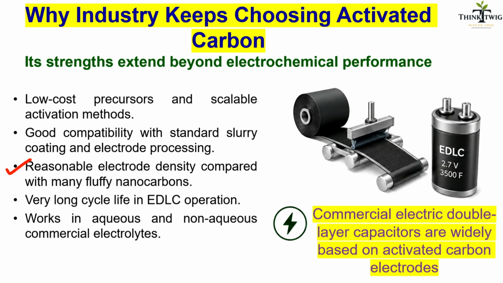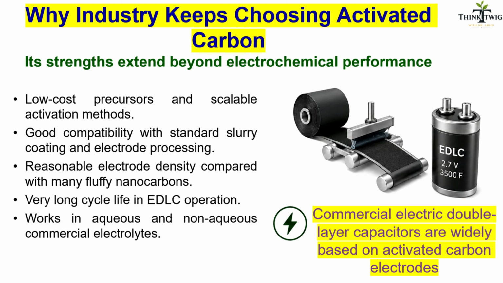Some highly structured carbon materials can form very light or fluffy powders that can become a problem because a device has limited volume. If we cannot pack enough active material into that volume, a high value per gram may not give the same advantage at device level. Activated carbon generally provides a reasonable balance between the porosity and electrode density.